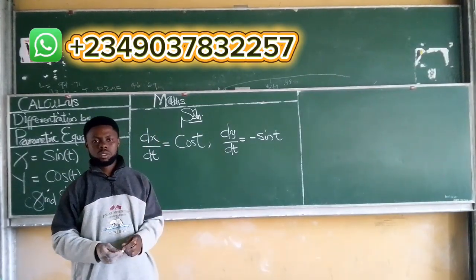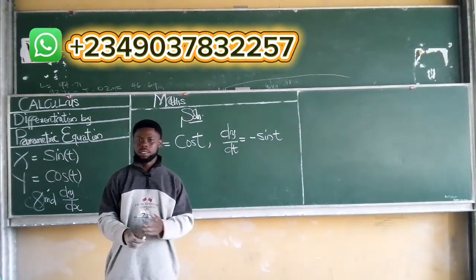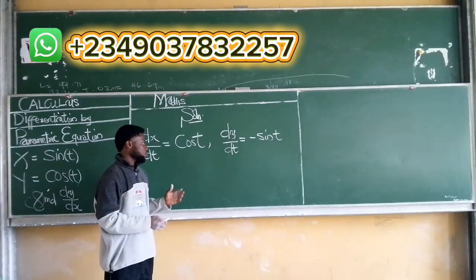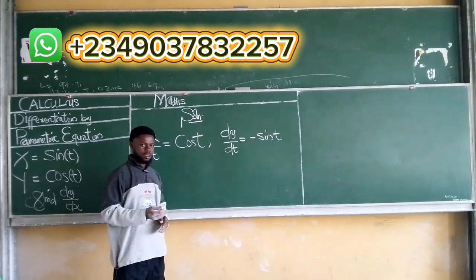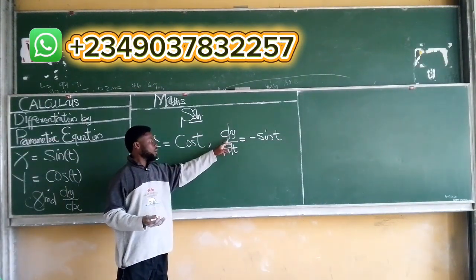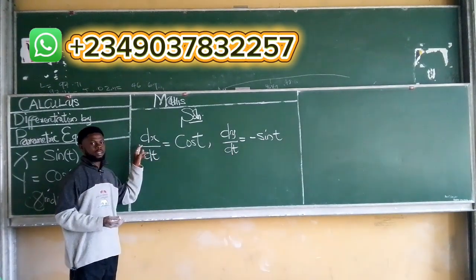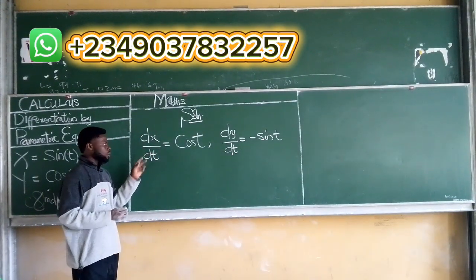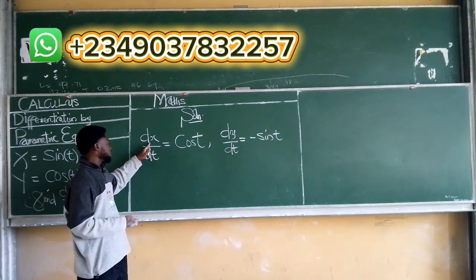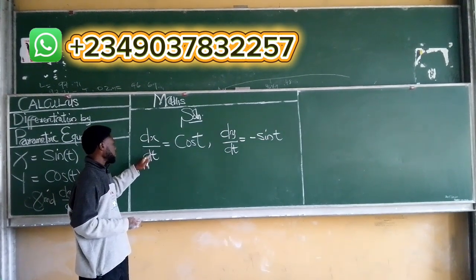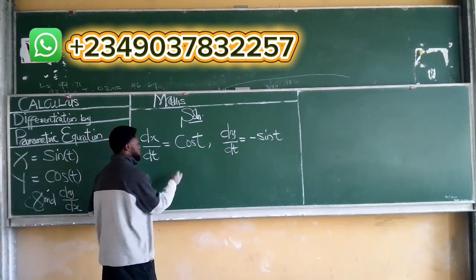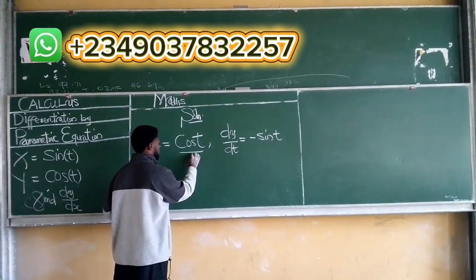Now, with regard to what we did in example number 1 and example number 2, dy over dx will give dy over dt times dt over dx. Note that dx over dt is the same as cos over 1.